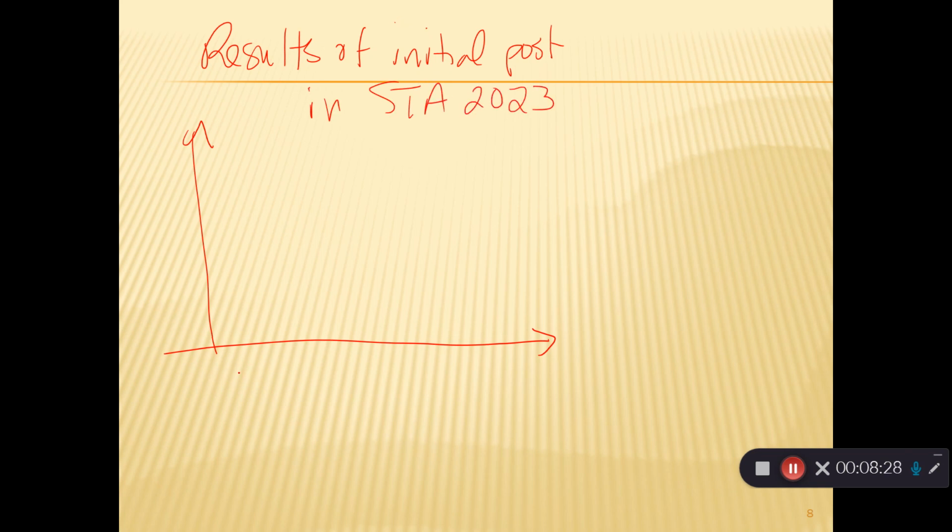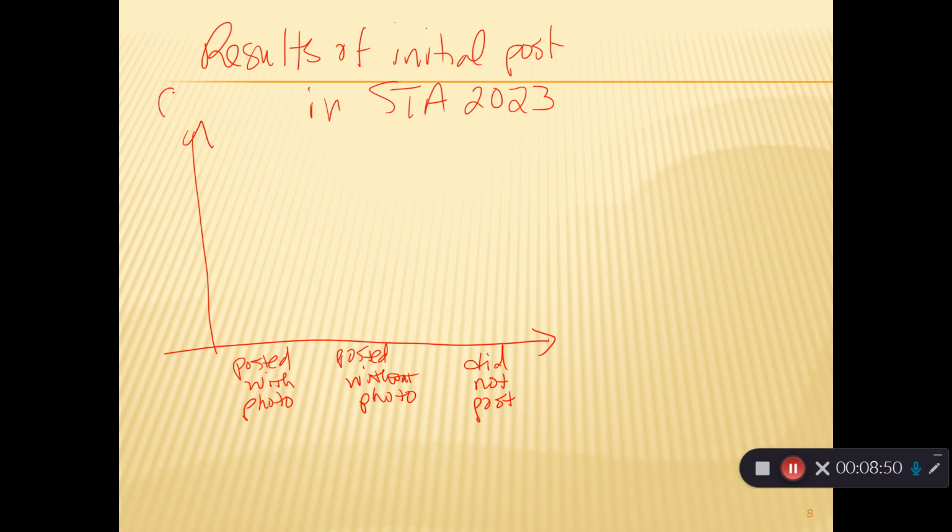And I'm going to say posted with photo as my first category, posted without photo, and did not post. These are categories for a bar chart.